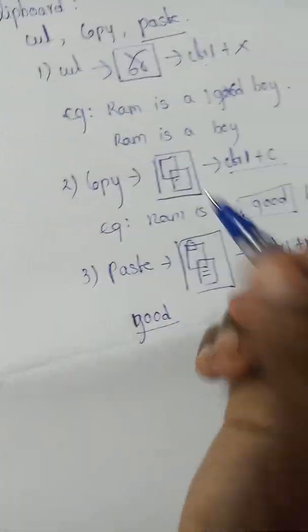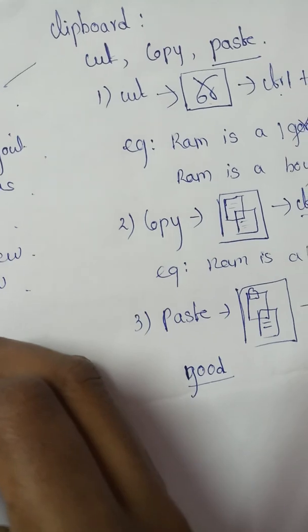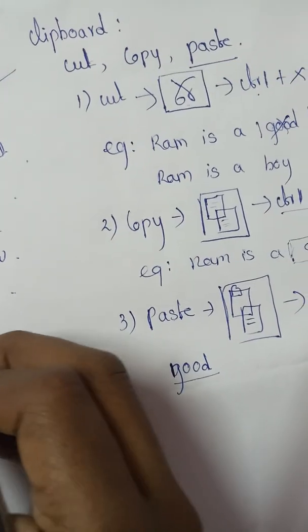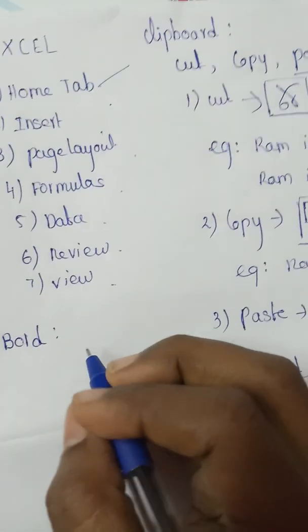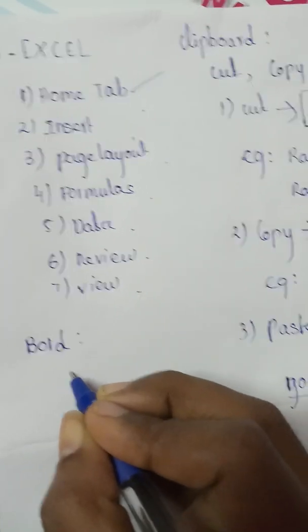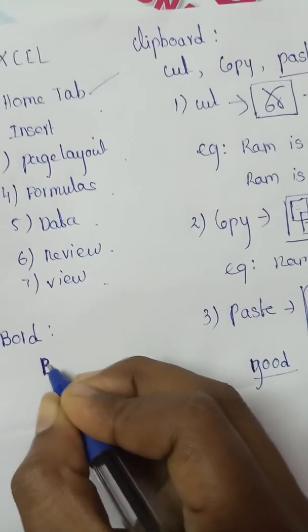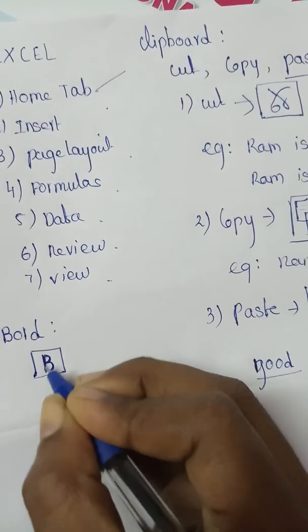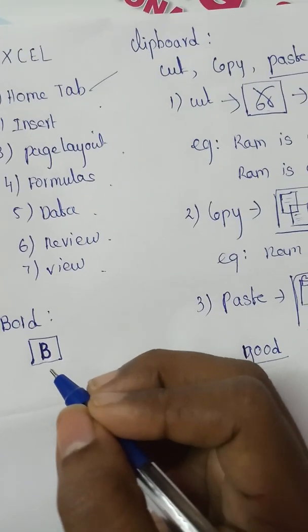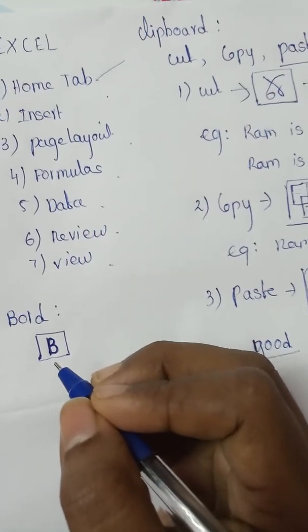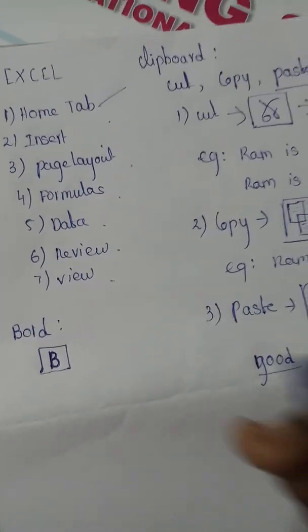After the clipboard, you have bold. This is the icon for bold. It is used to highlight the text and make the text very bold, I mean, it looks very dark.